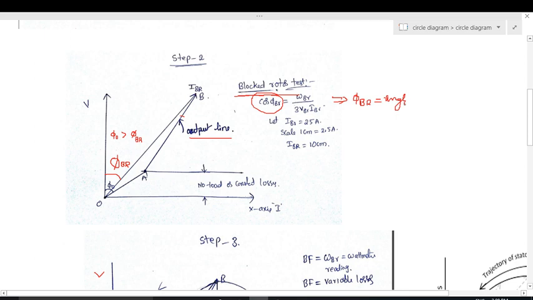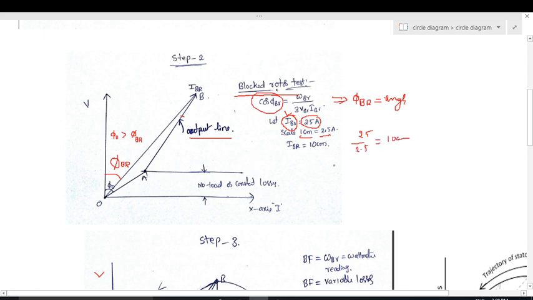The ammeter reading in the block rotor test indicates I BR. I assumed that as 25 amps. With the scale of 1 centimeter equal to 2.5 amps, 25 amps is 25 by 2.5, which is equal to 10 centimeters.